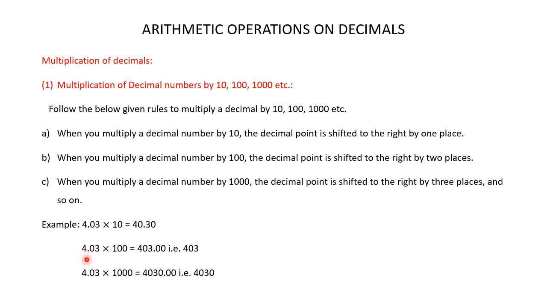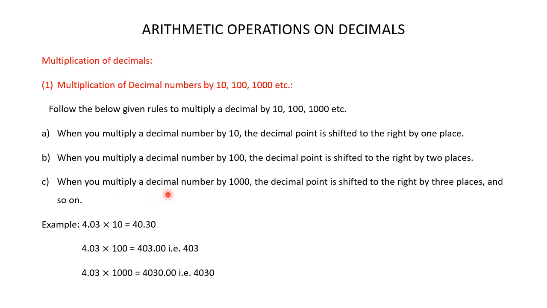When you multiply a decimal number by 100, the decimal point is shifted to the right by two places. For example, 4.03 multiplied by 100, the decimal point has to shift to the right by two places, and the answer will be 403.00, which is nothing but 403.